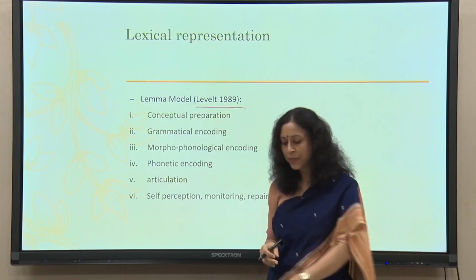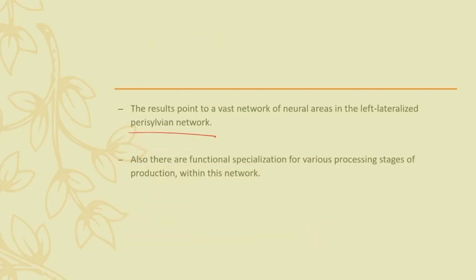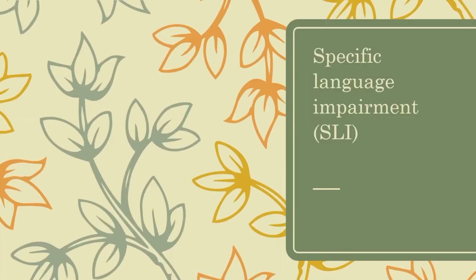So, conceptual preparation will be processed in one domain versus phonetic encoding takes place in another domain, and so on and so forth. So, these are the two primary findings, that there is a vast network of neural areas, and also there are functional specializations for many of these processes.